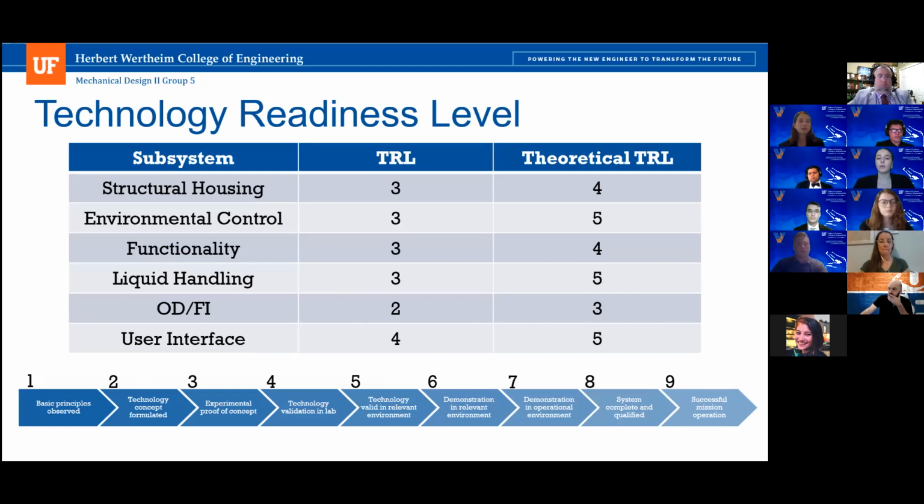However, in the theoretical technology readiness level column, we extrapolated and hypothesized what each subsystem would be if we could test it. This is based off of existing similar designs that use components of our designs in a functional manner that's currently on the market. Next slide.